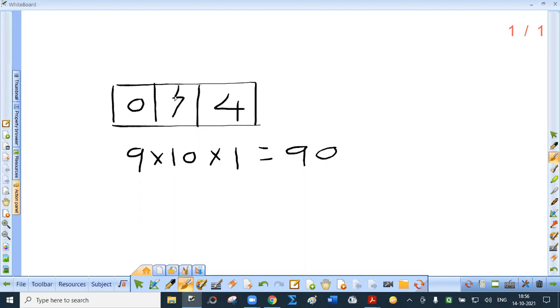As 0 cannot occur in the hundreds place in a 3-digit number, this place can be filled in 9 ways.